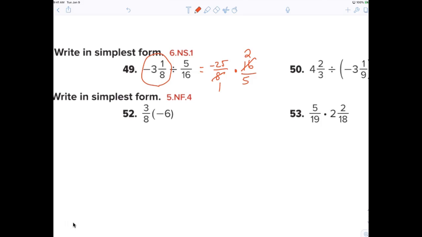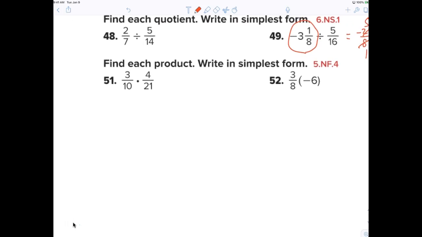What about the 5 and the 25? 5 into the 1, 25 into the 5. And the answer is 10 over 1. Don't forget the what? Negative. Which is just negative 10.